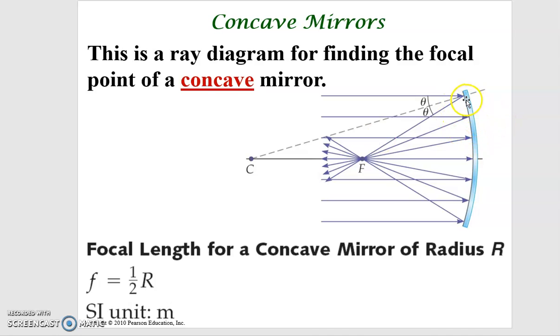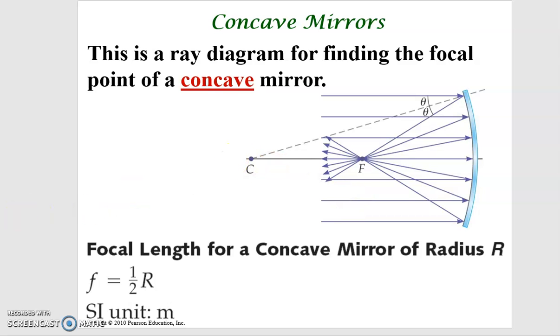Now you will find that all the reflected light, once again, gathers at the same point, which is the focal point. So you have the center of curvature again and the focal point, but now the focal point is in front of the mirror.